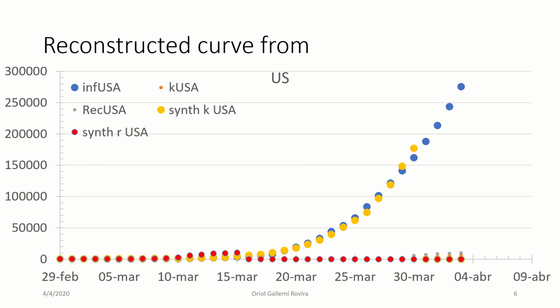So in order to assess this, we started reconstructing the curve. On one hand, we had the initial infection curve in blue, and then we had the fatalities and the recovered people. We can see that roughly the curves, when you reconstruct them in the US, for instance, match, so it's likely to be reliable and trustworthy data.